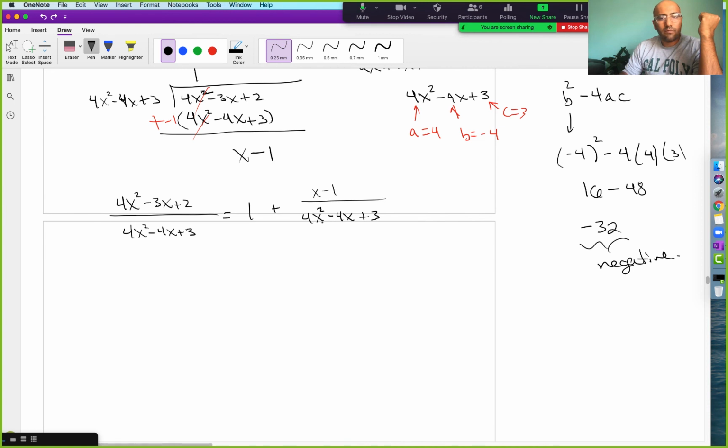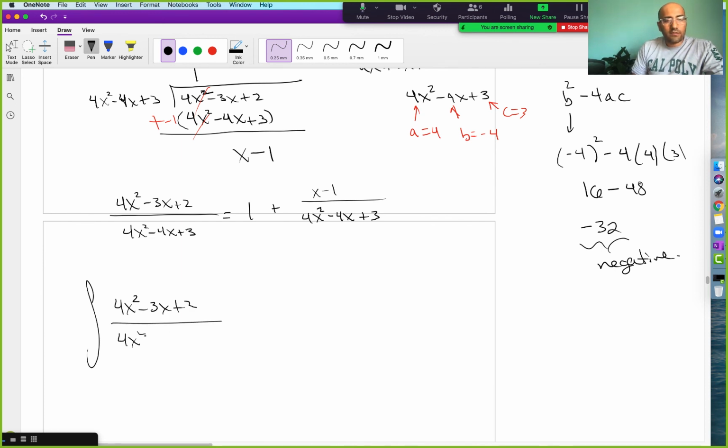Right, so this is just going to be a u substitution that solves this now. We have our integral of 4x squared minus 3x plus 2 all over 4x squared minus 4x plus 3 dx.